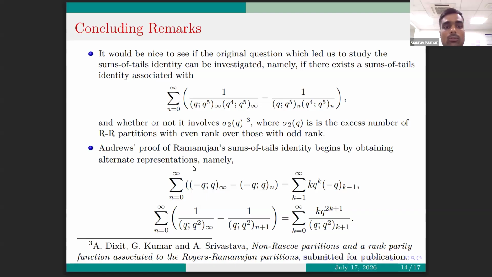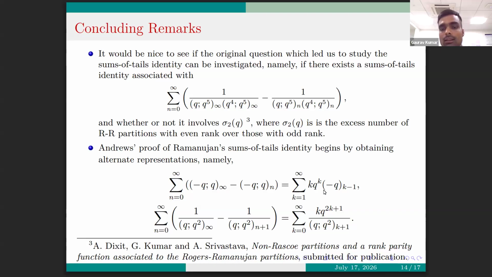So I'll give you some idea of what caused the problem and why we couldn't figure it out. Andrews' proof of Ramanujan's sums of tails identities begins by obtaining alternate representations for the left-hand sides of the sums of tails.